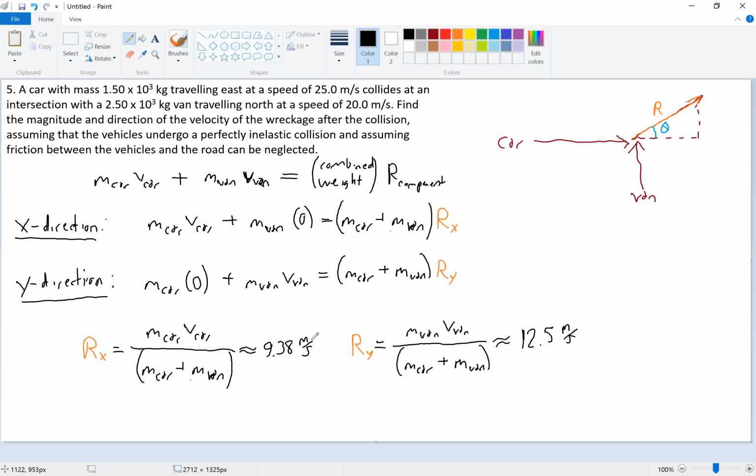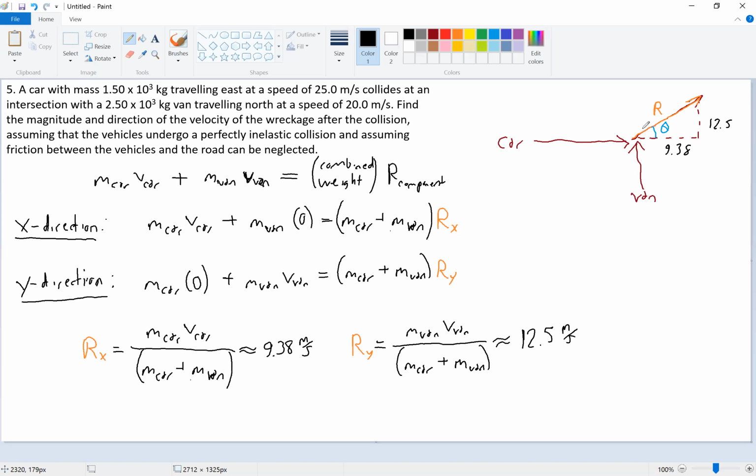Now, the rest is worked out in the last slide, but I'll put the outline here. This is not drawn to scale. I'm just going to put the number here, 9.38, then we've got 12.5. So how do we find the hypotenuse?